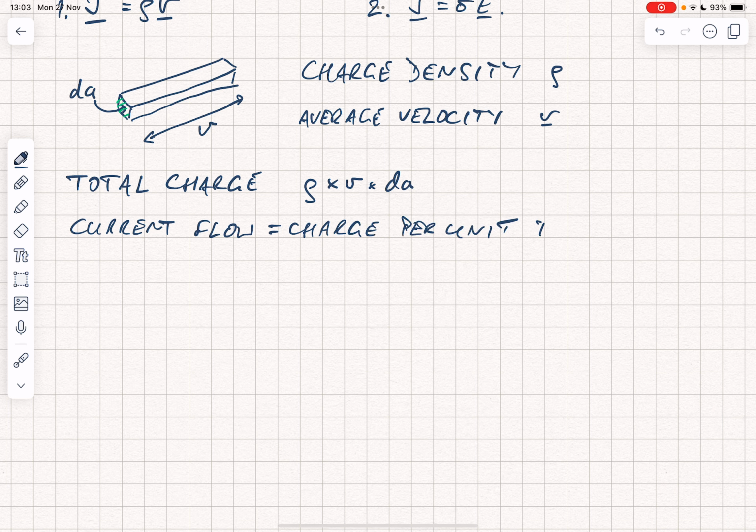And we've just said that the charge in that volume is rho v dA, so that's therefore equal to the current.